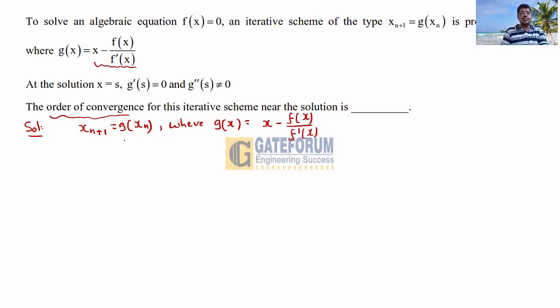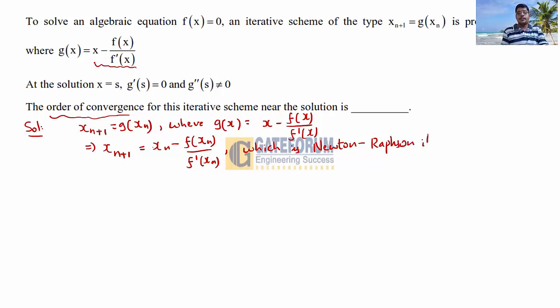Substitute g of x here in g of xn, which implies x(n+1) is equal to xn; so in this g of x put x is equal to xn, minus f of xn divided by f dash xn, which is the Newton-Raphson iterative scheme.